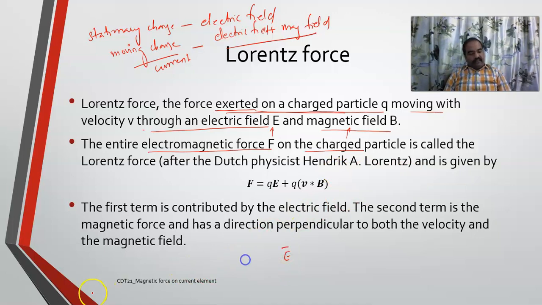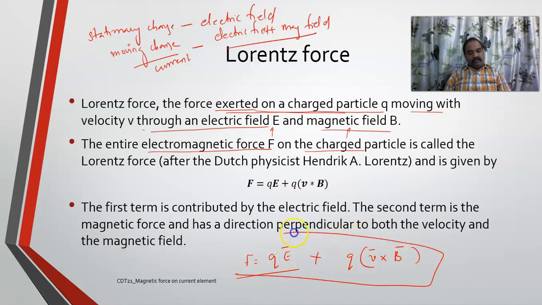If E is the electric field, the force on a charge in an electric field is F is equal to QE, and if it is a magnetic field, F is equal to q v cross B. This is the magnetic force, and this is the electric force. So this is the Lorentz force. The electric part is contributed by the electric field, and the magnetic part by the magnetic field. In the magnetic force, the direction is perpendicular to the direction of velocity and the direction of the magnetic field, whereas the electric force is in line with the direction of the electric field.